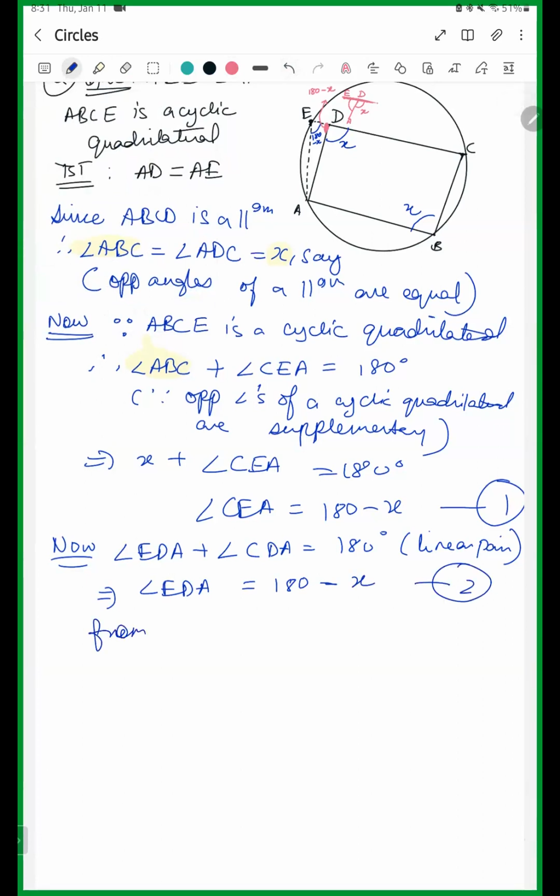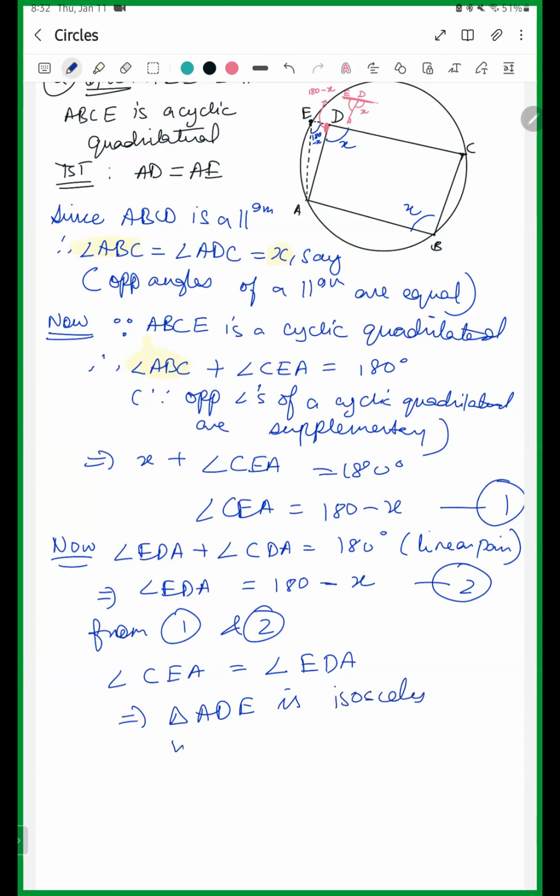From 1 and 2, angle CEA is equal to angle EDA. That means triangle ADE is isosceles with AD equal to AE.